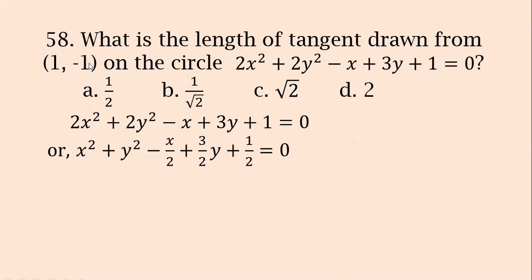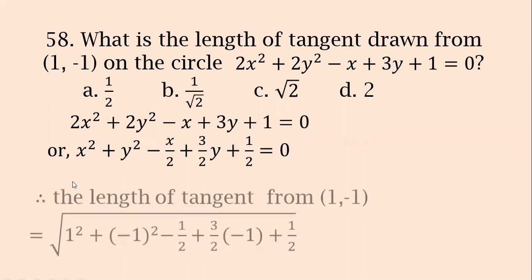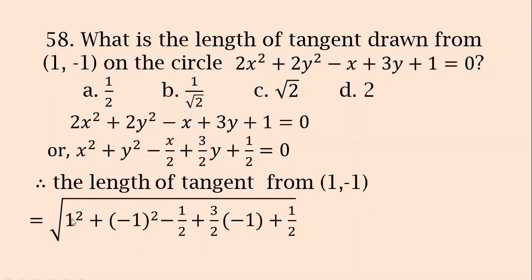Now we have to find the length of tangent from this point. So it is x1, it is y1. Put it here and take a square root. This is x1 square plus y1 square, then x is equal to 1, so it is 1 by 2, 3 by 2, y1 is equal to minus 1, and this is the constant half. So this is our length.